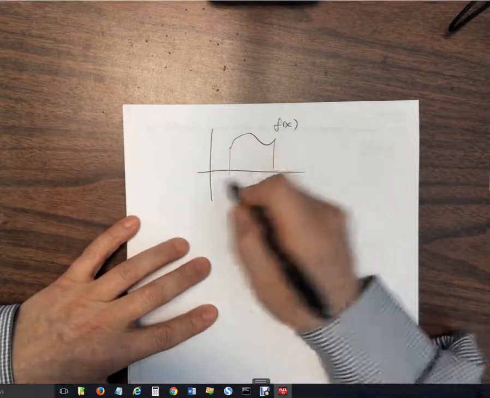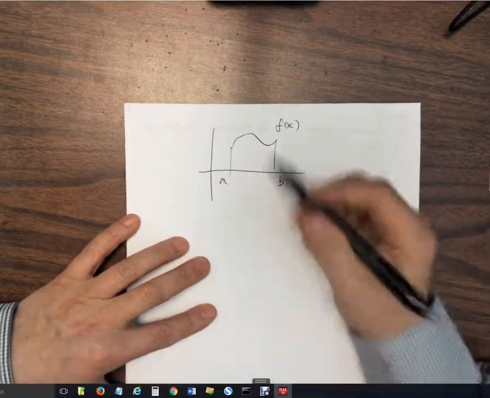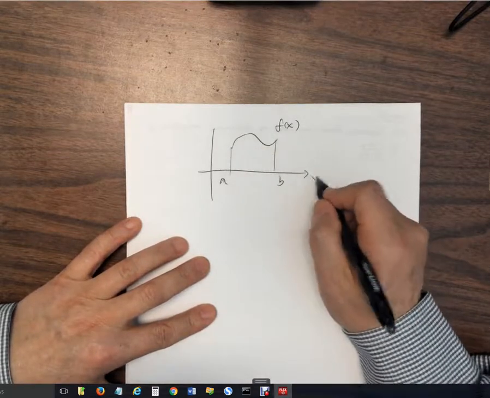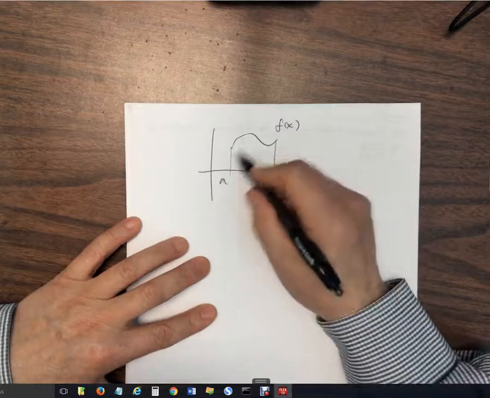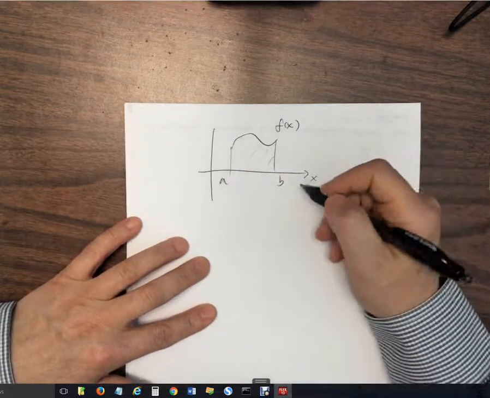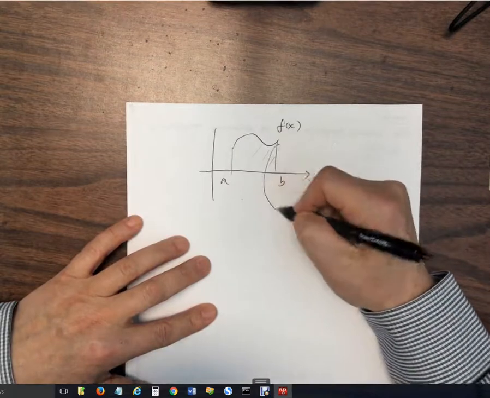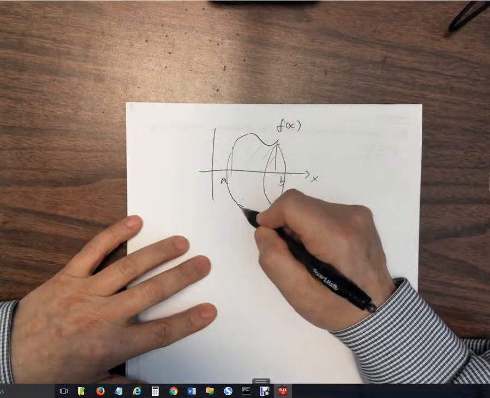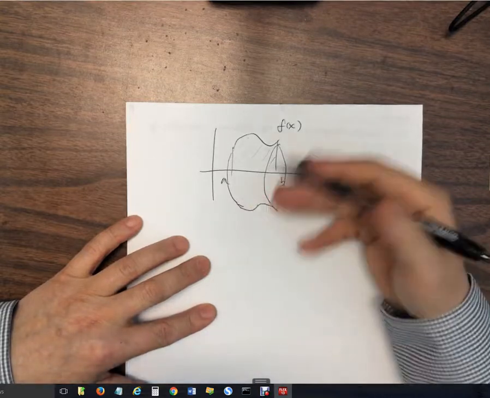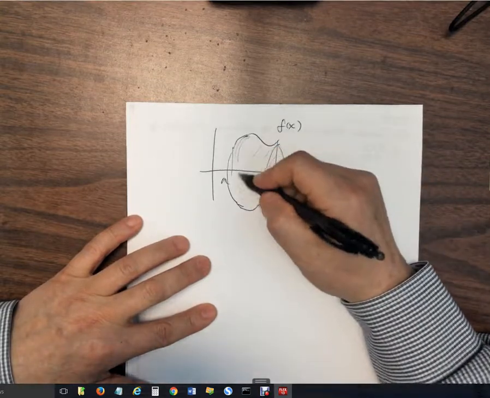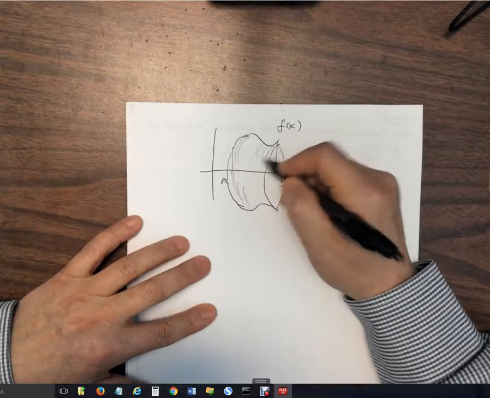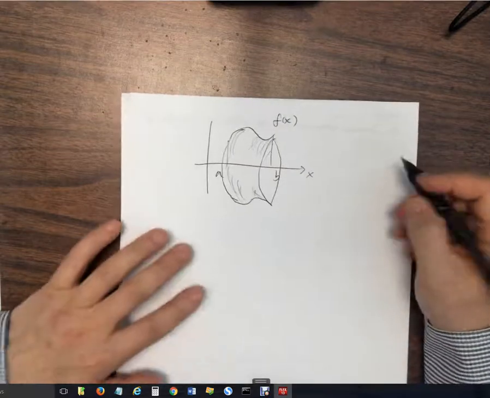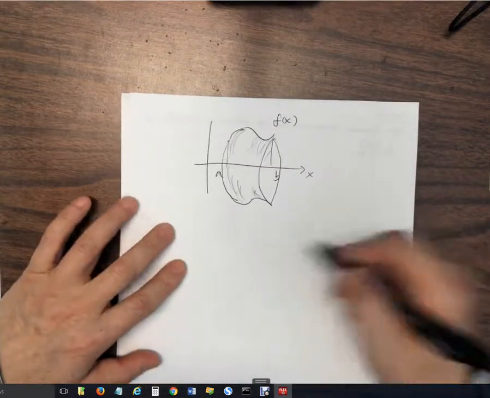Suppose the region under the graph, above the x-axis and between a and b, is revolved around a line, say the x-axis. Then we would see a solid called a solid of revolution. In this case, it is possible to find an expression for the cross-sectional area.